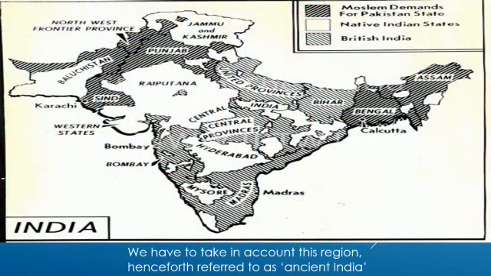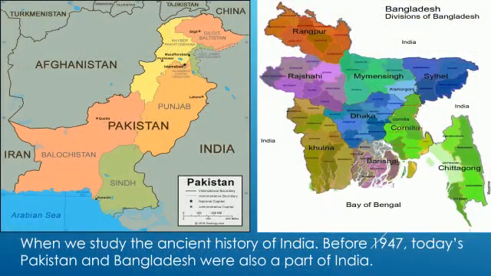We have to take into account this region, henceforth referred to as ancient India. When we study the ancient history of India before 1947, today's Pakistan and Bangladesh were also a part of India.